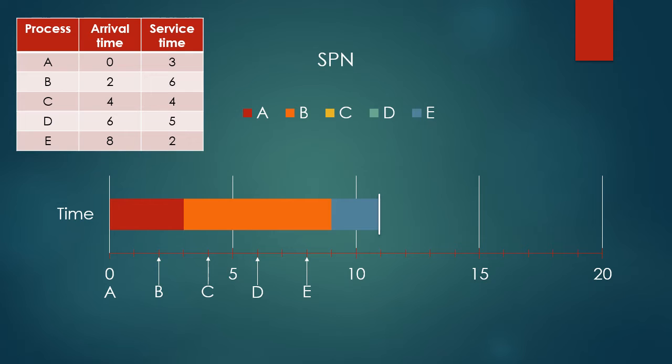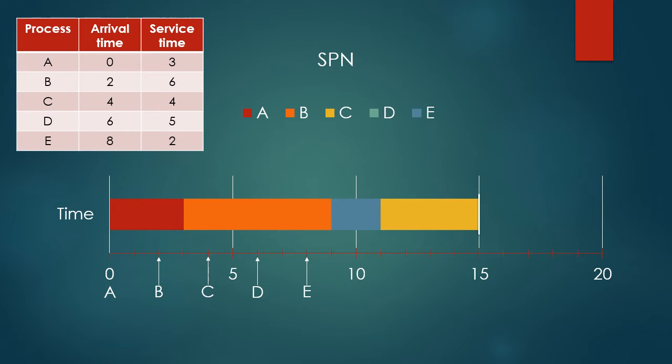When B finishes off and leaves the processor, the shortest process in the system is E. So the dispatcher gives the processor to E. E runs for 2 seconds and then finishes off.